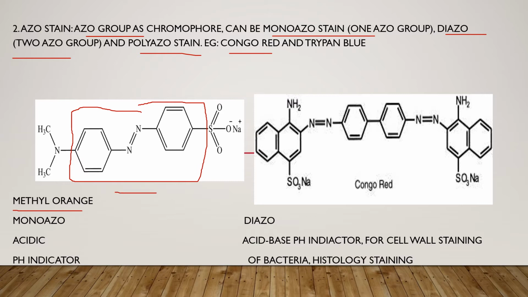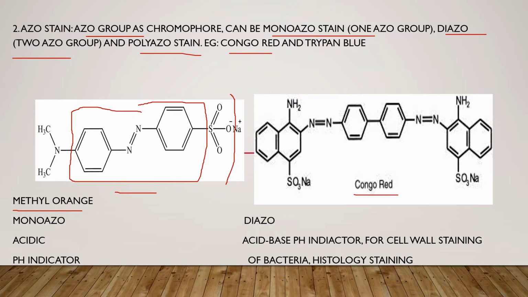Now if we talk about methyl orange, it's monoazo, because we have only one azo group over here, and it's acidic in nature because whenever it dissociates, this is your chromophore. I hope you can make out. Now this is your acidic stain, because it has a negative charge, and it functions as a pH indicator.